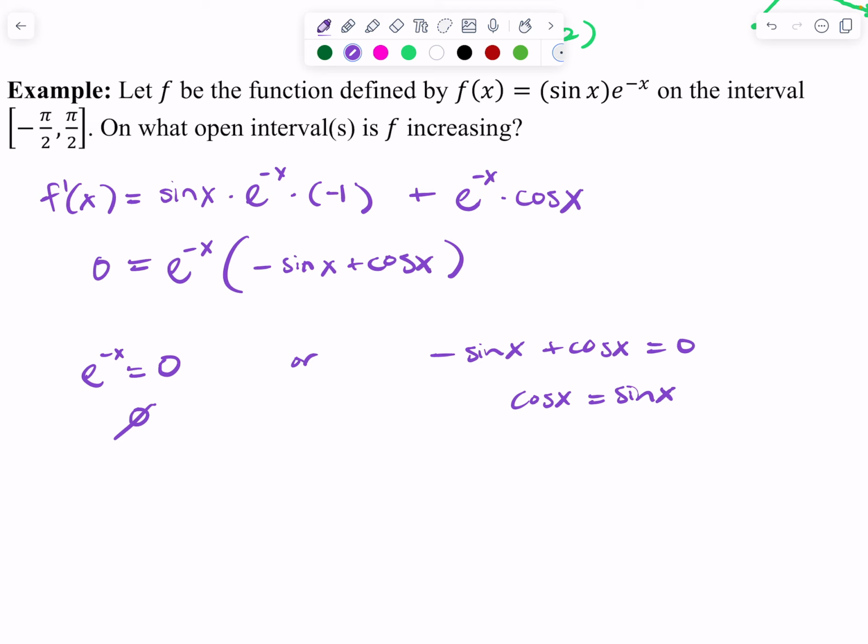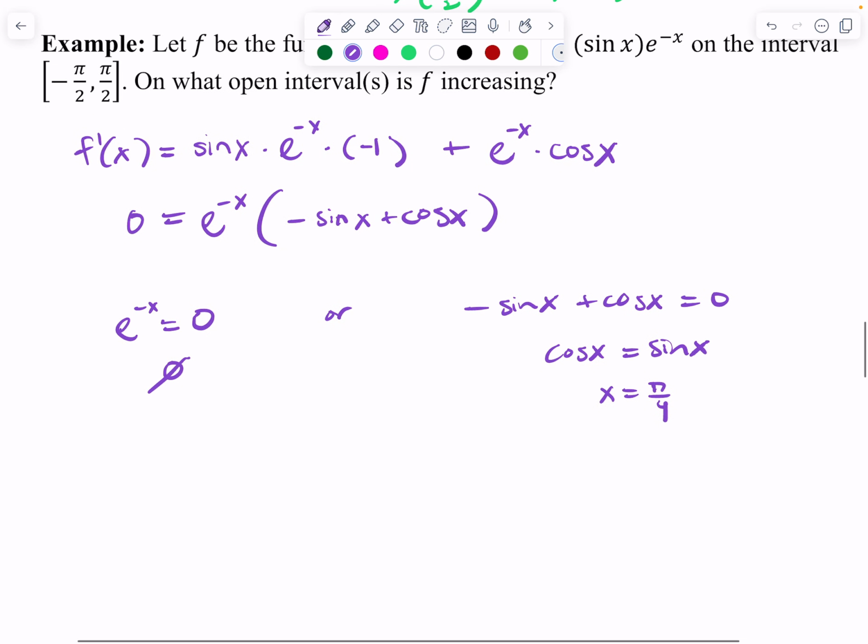In Q4, sine and cosine are not equal to each other because x and y are different signs. So you're thinking Q1, quadrant 1, where is sine equal to cosine? And that would be at π/4, right? You recall the point √2/2, √2/2 on the unit circle. Okay, so π/4 is our only critical value.